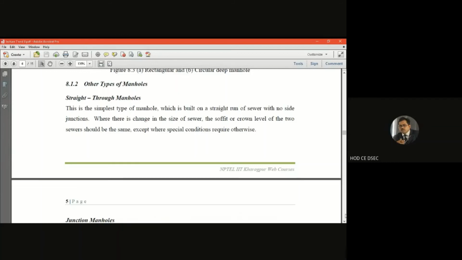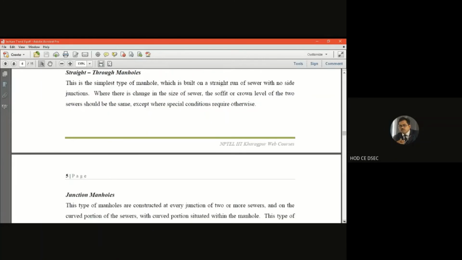So keeping that in consideration, for the general case, we have to ensure that the soffit or crown level of two sewers of different sizes, where these straight through manholes are applied at the junction, has to be checked. This should be the same level. Generally, that has to be seen.